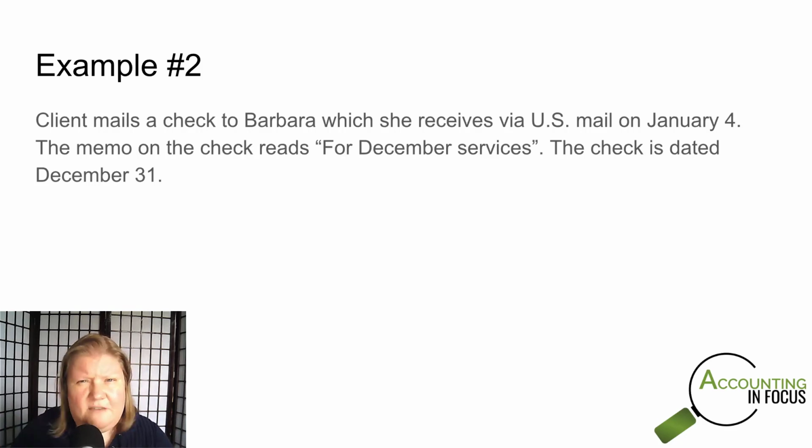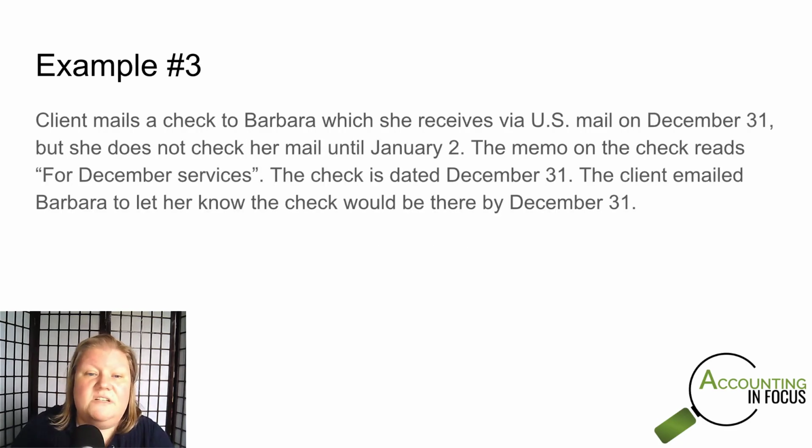I think some people get confused with the matching principle, which says that you must recognize expenses in the same year as the income. You're pulling something from financial into taxes. Don't do that. So even though the check is dated December 31st, when did Barbara receive the check? Because if she can't access the check, then she doesn't have constructive receipt. So in this case, this would be January.